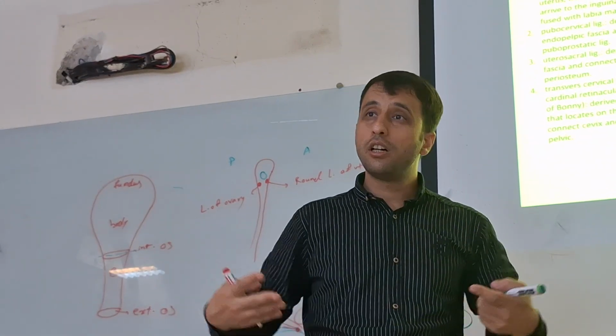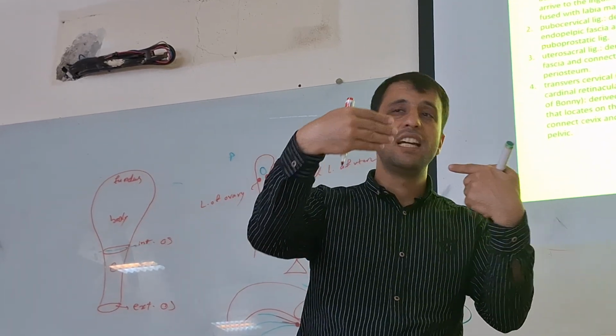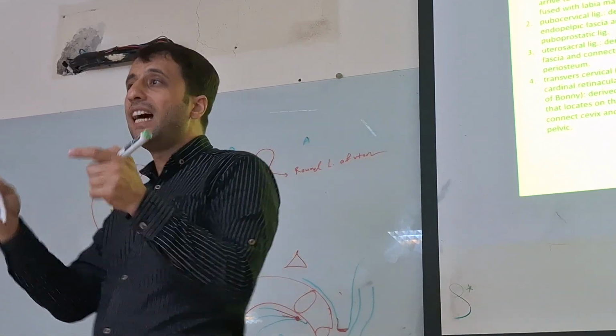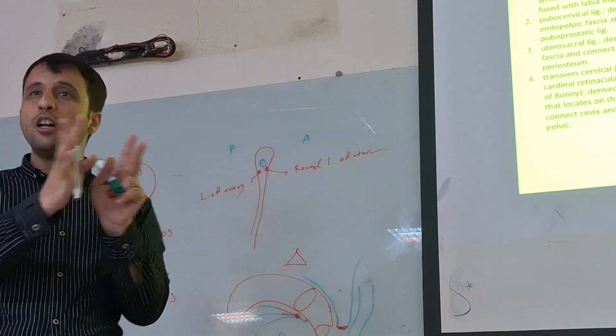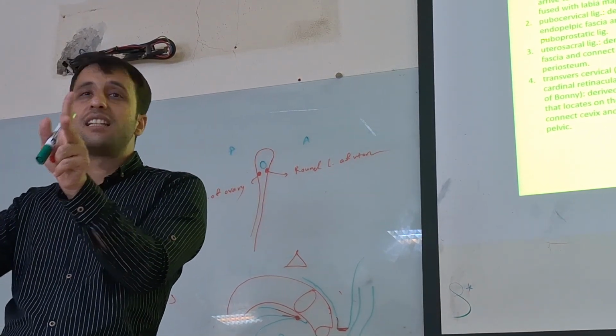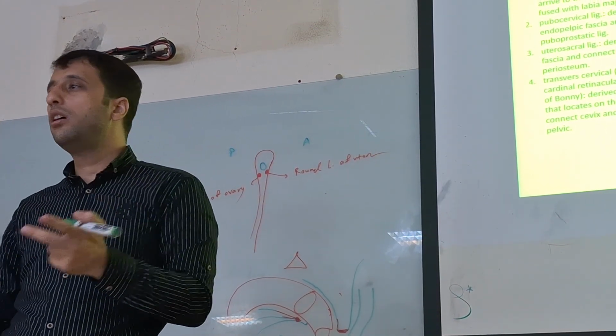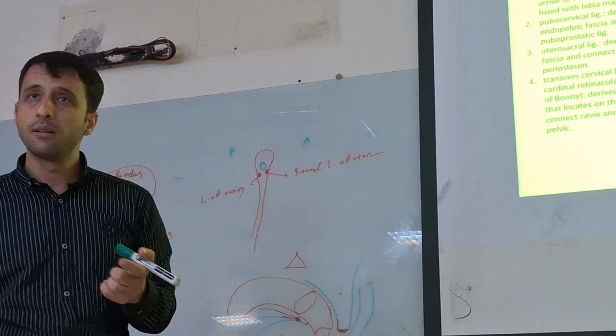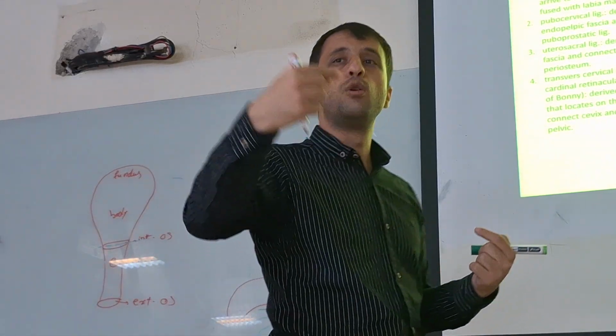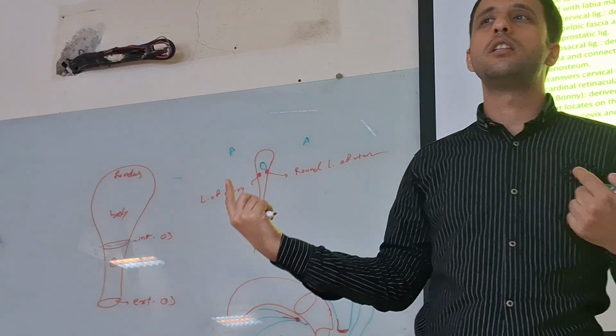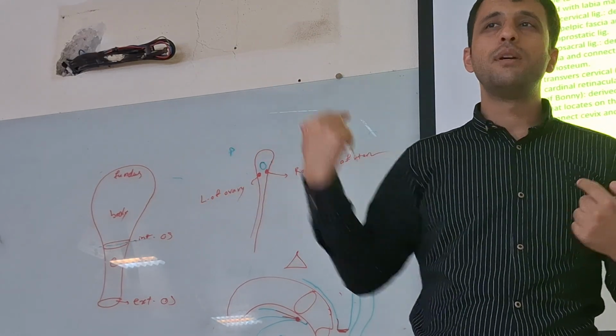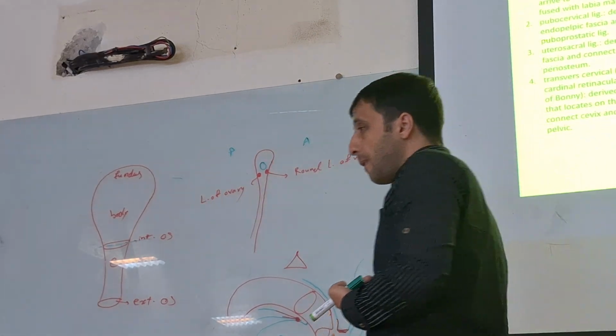After the inguinal canal, it exits from the external ring, and the fibers of this ligament spread and arrive at the labia majora of the female. So, this is a fibromuscular ligament. It is named the round ligament of the uterus.